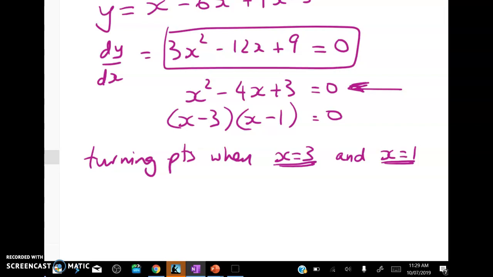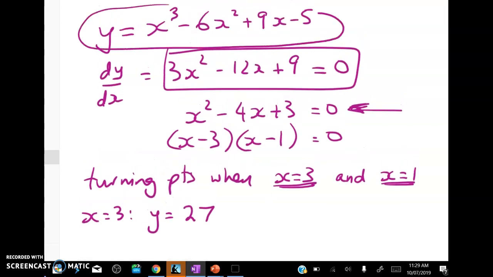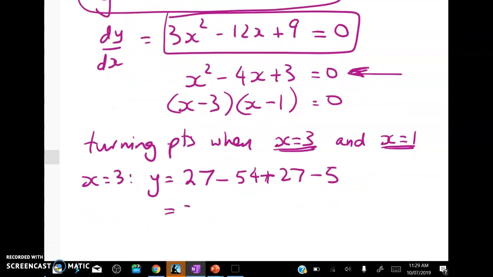Right, now we have to give the coordinates of the turning points, so we need to figure out the y value for x equals 3. So when x equals 3, y equals 3 cubed, so 27. So I'm just working back with this equation now, substituting in x equals 3: 27 minus 6 nines are 54 plus 27 minus 5. So that works out to be negative 5. We do the same thing for x equals 1.